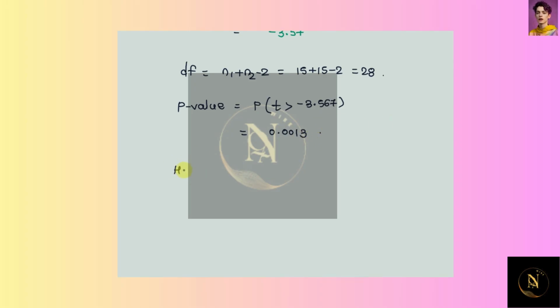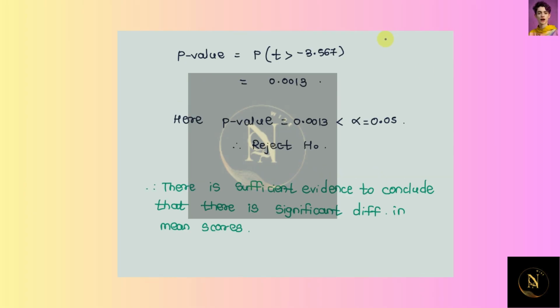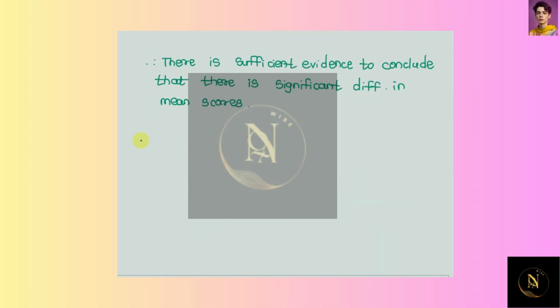Here, since the p-value 0.0013 is less than alpha equal to 0.05, we can reject H0. Therefore there is sufficient evidence to conclude that there is a significant difference in the mean scores.